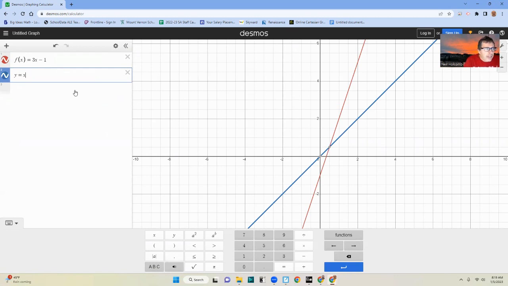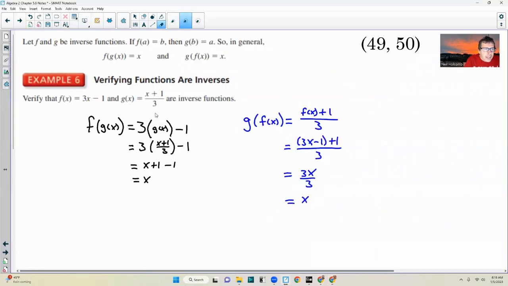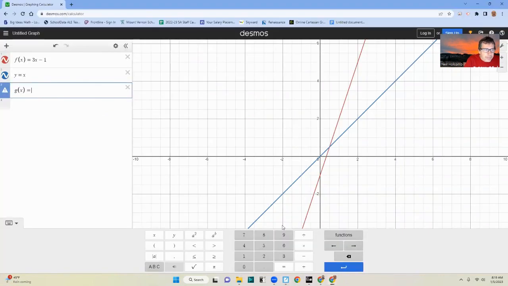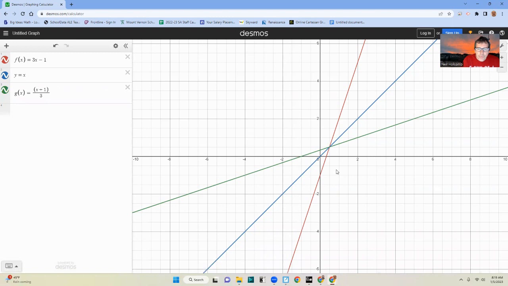Then the inverse was g of x equals, and where was that? It's x plus 1 divided by 3. Okay, so as you can see, they do reflect across this blue line, y equals x. Okay, so that's what they look like graphed.